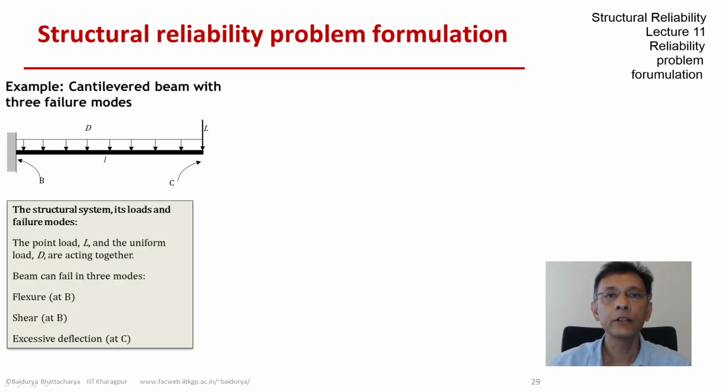Our understanding of the mechanics of the problem also tells us that in order to consider flexural failure, we don't need to look at the entire length of the beam at all possible cross sections, but the most critical cross section is the support B. Likewise, for shear failure, it is the same support at B, which is most likely to fail in shear if it does.